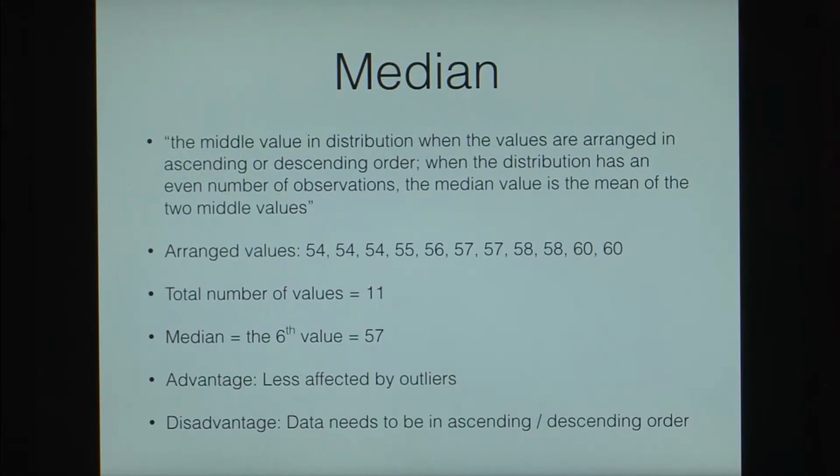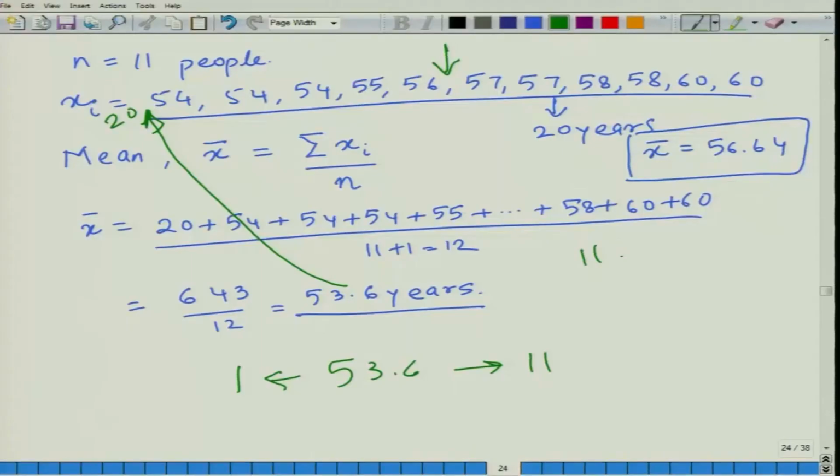So, in the case of 11 people, 11 is an odd number. So, we can have 5 to the left of it, 5 to the right of it, and the sixth value would be the median value. So, let us find out the sixth value. This is 1, 2, 3, 4, 5, 6, 57. Now, 57 is the median value in this particular case.